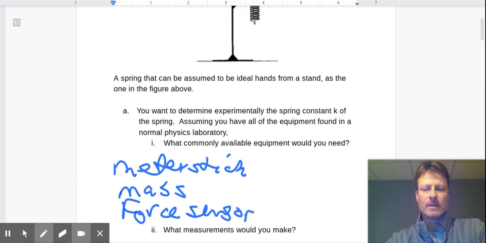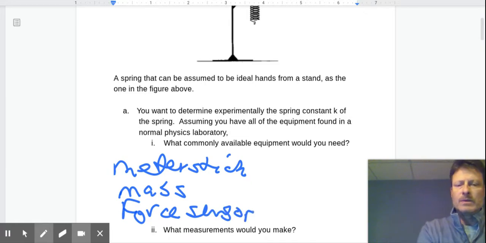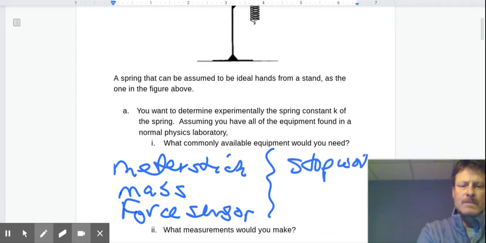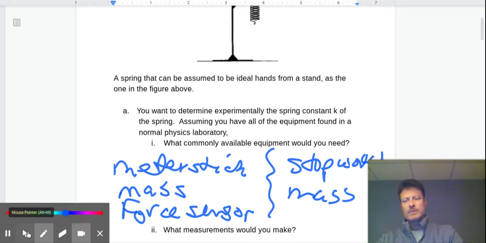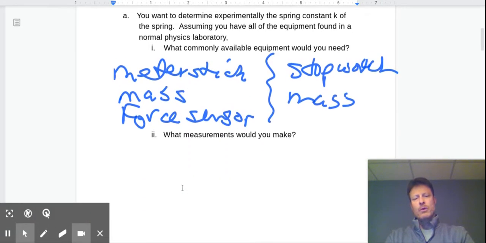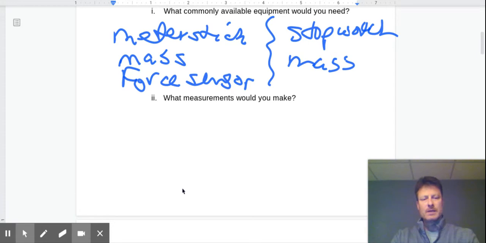Another way would be with a stopwatch and a mass. So there are two different ways you probably could do this experiment. We're going to talk about both, because this was an actual AP Physics B problem back in the day, and they allowed for two different ways to do it.